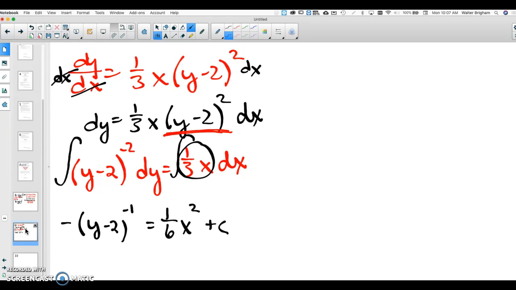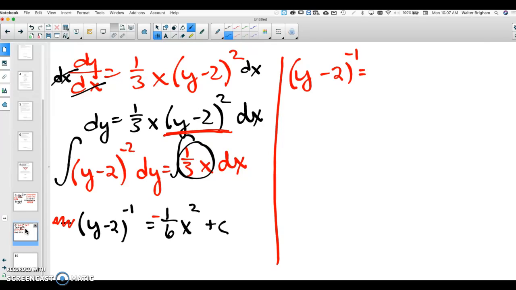That's why that works out, okay? Now I have to get y by itself. So I'm going to multiply both sides by negative first. So I've got y minus 2 to the negative 1 equals negative 1/6 x squared plus c. You want to put a minus sign on there? Feel free. You can choose to or not.